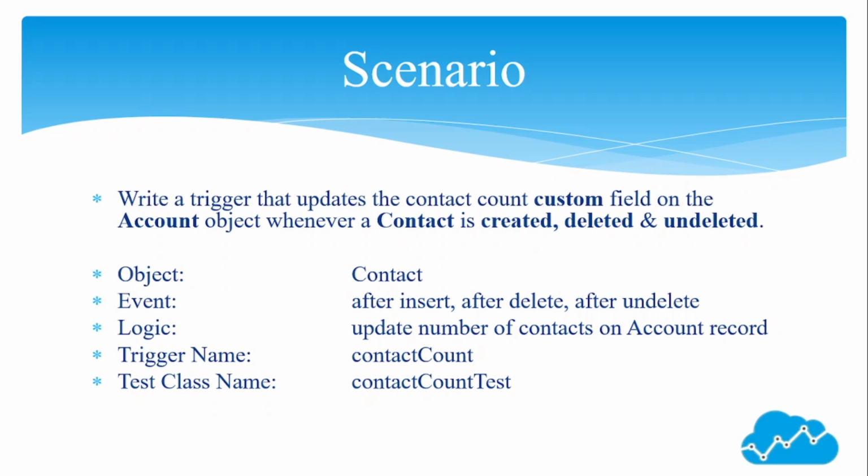First we need to define on which object we have to write the trigger. The object will be contact. Why contact? Whenever a new contact is getting created or deleted or undeleted, in this situation we have to update the account object contact count field.